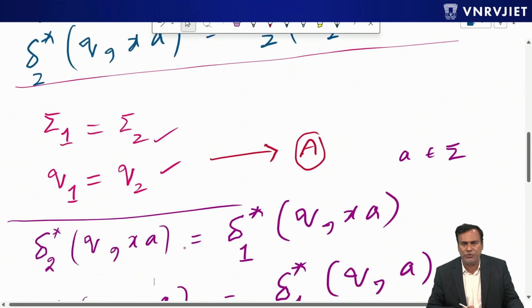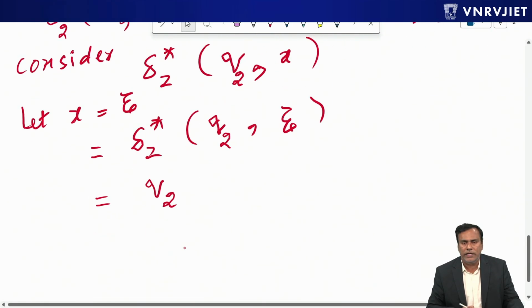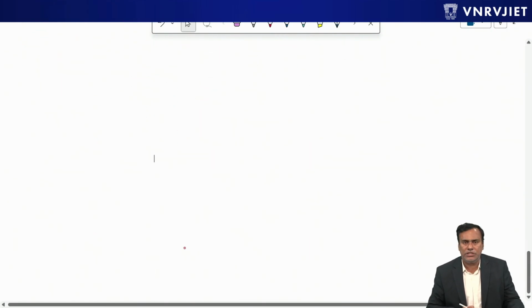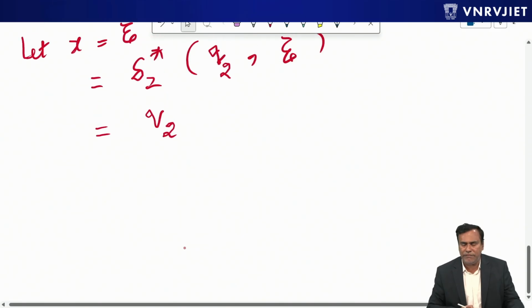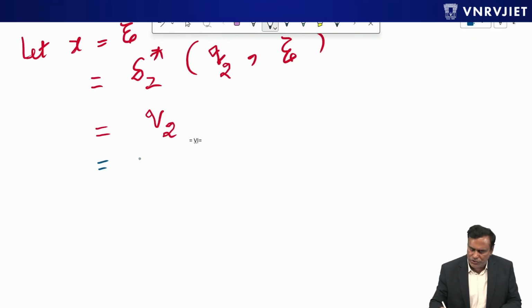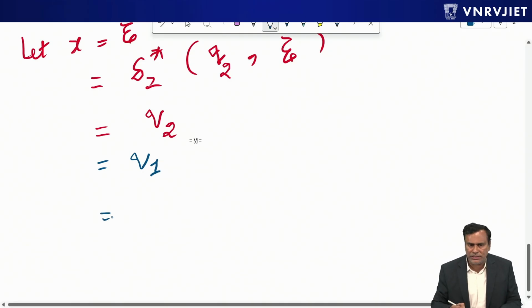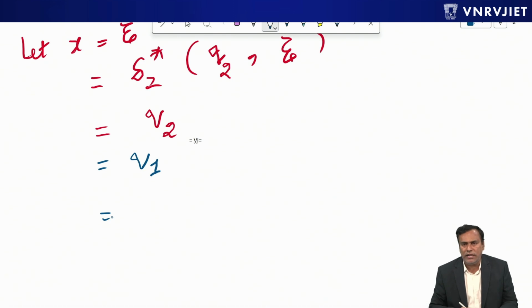So this is equal to Q1 itself. And I have used this Q1 as the start state of the NFA. And the transition function name I used for the NFA is delta 1.